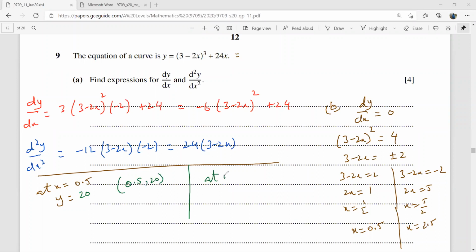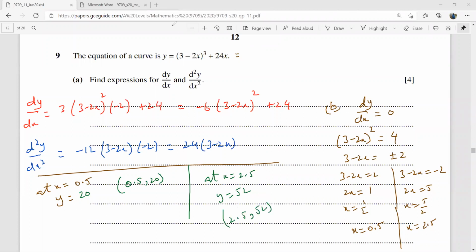And at x equal to 2.5, 3 minus 5 is minus 2, minus 8. And 48 plus 12 is 60. That is 52. 52 है ना? So you have y equal to 52. So the other point is going to be 2.5 comma 52.